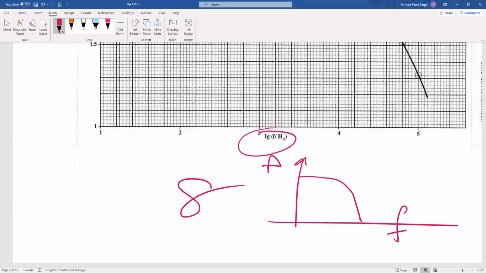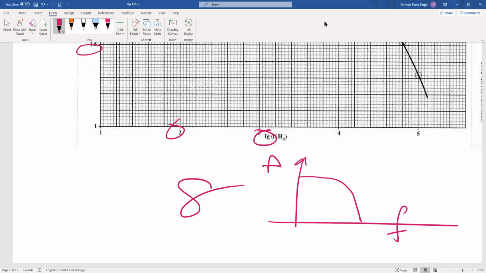Log indicates that we probably have very large numbers to deal with on our axes. To make life simpler, it's easier to work with ones and twos as opposed to 15,000 and so on. That's why they use log. But when you're using log, remember to convert this back, which is why they have it on the table.